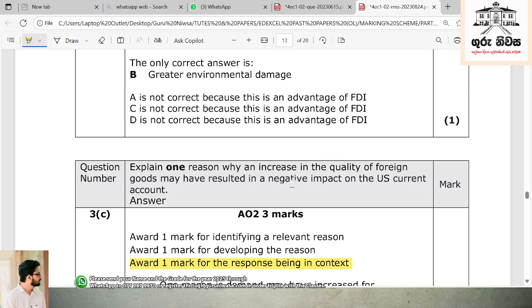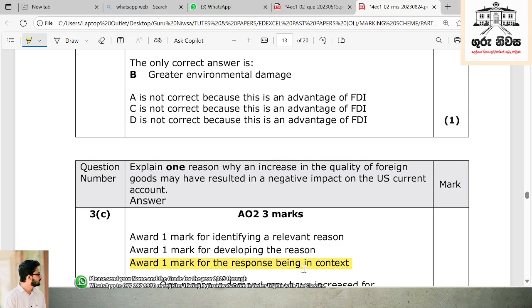Okay, you get the point. 1 mark for identifying a relevant reason, 1 mark for developing the reason, that you need to explain the reason. The final mark is given for the response being in context. This means you have to mention something about the given case. Okay, Lamai.